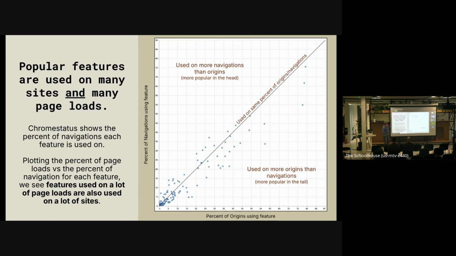How do we know? Now we have this per origin and per navigation information, and we don't see anything up in that top left corner that would be just one site. We actually see a pretty cool diagonal line that shows that a feature is used on the same-ish percent of navigations and origins, which I found kind of cool and surprising.